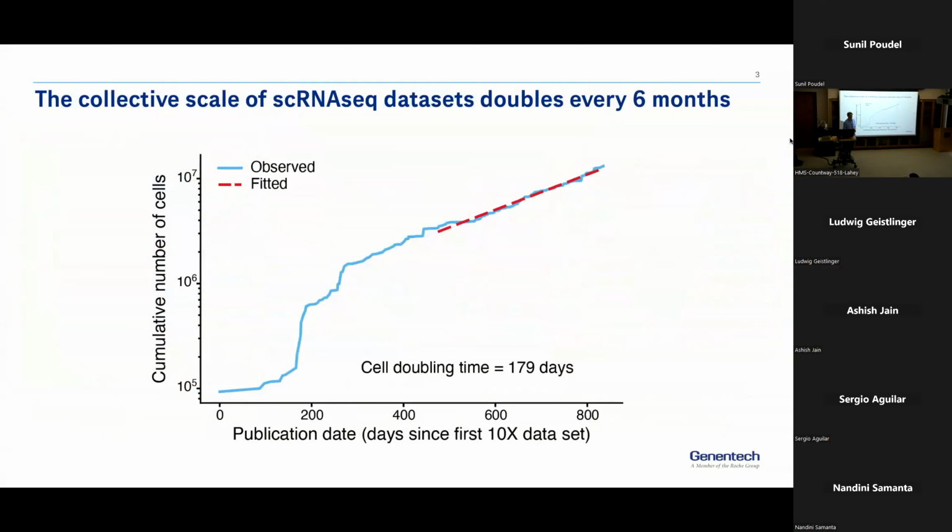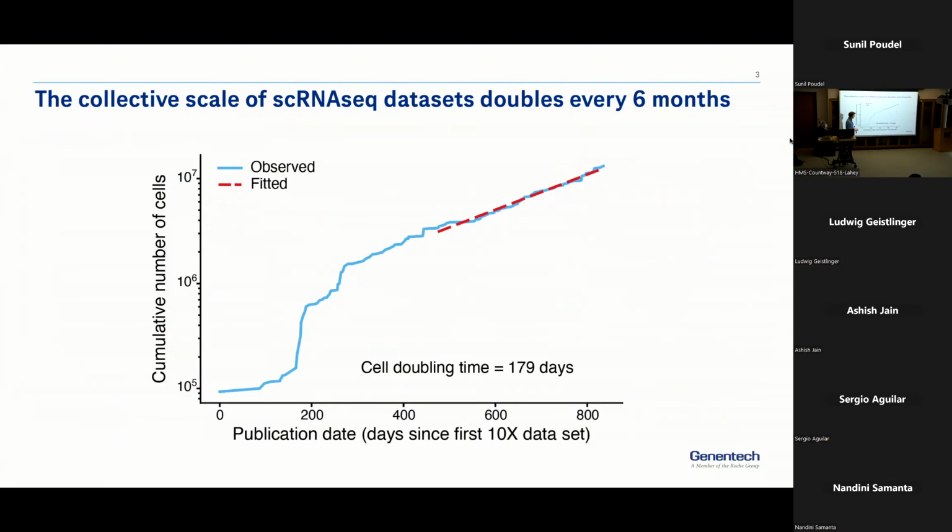Another aspect that I really love is the scale of growth of the data. As you'll see later, I've been collecting a lot of data sets, and one vignette from that is you can see when these studies were published. If you look at the number of cells by date, you can see that the growth rate of this data type is doubling every 6 months.